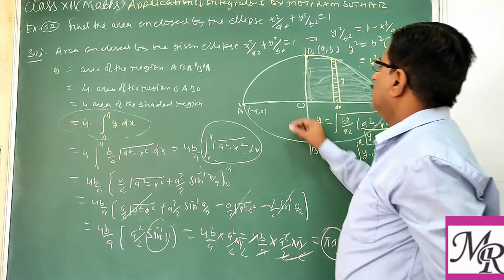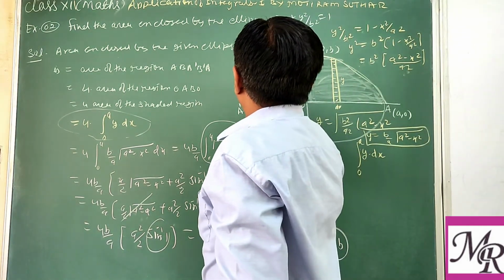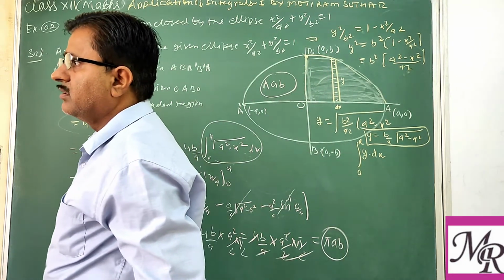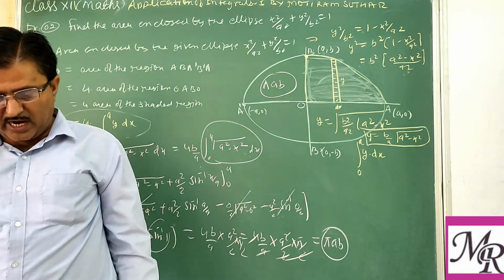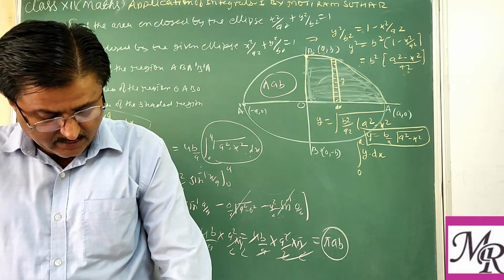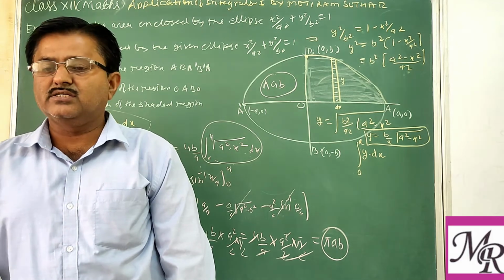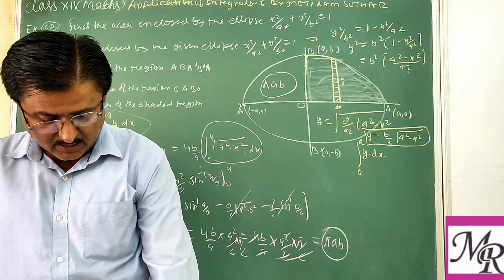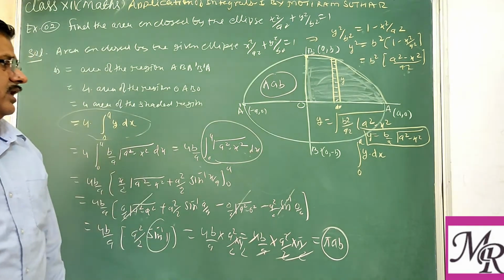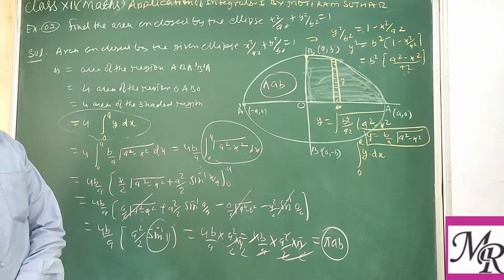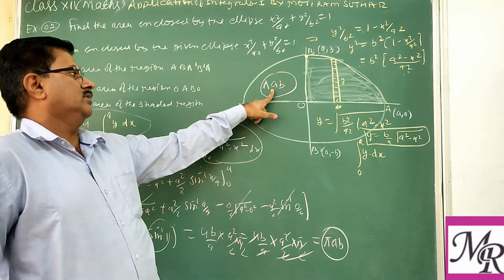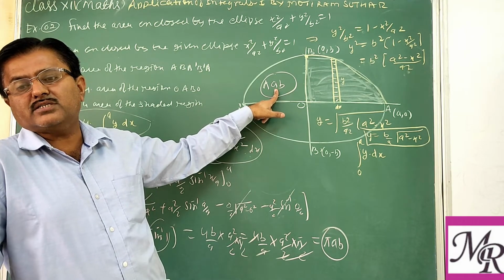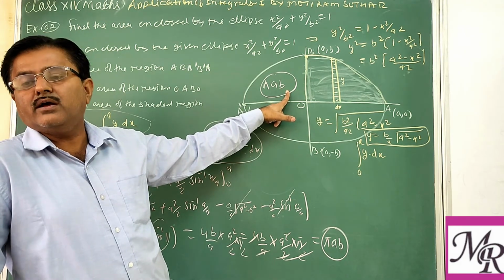Sometimes in some textbooks you find the standard formula, because the ellipse has a standard figure that depends on the minor and major axis. If you know the semi-major axis and the semi-minor axis of the ellipse, then the area formula for the ellipse is pi into semi-major axis into semi-minor axis.